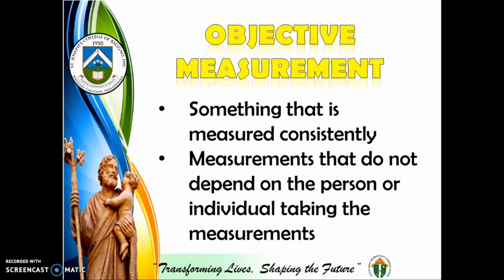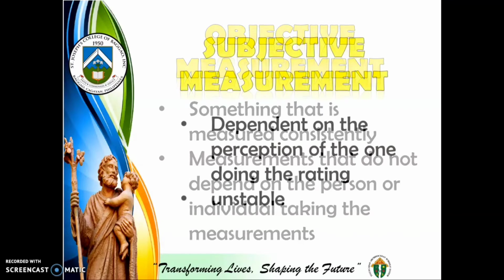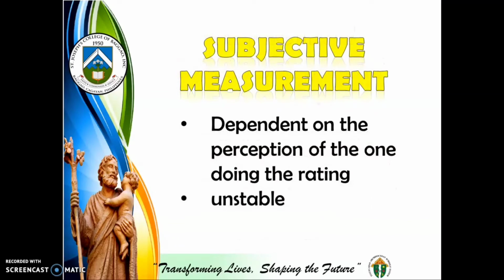However, take note that there are facets of quantity or quality of interest that cannot be successfully covered by it. That is why we have the subjective type of measurement. This is dependent on the perception of the one doing the rating, meaning it is unstable.